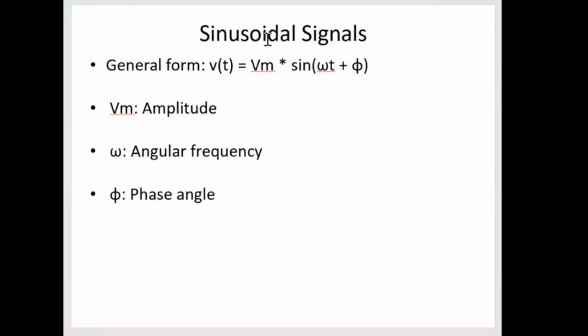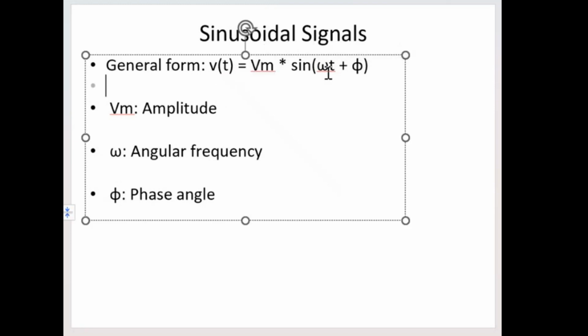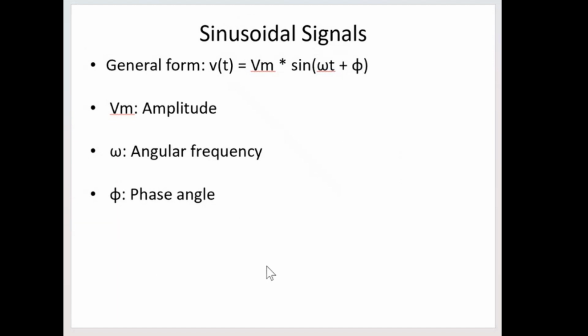So a sinusoidal signal is generally defined as having a magnitude. Obviously, it has its angular velocity, omega, and omega t we also call the argument. Phi is the phase angle. These are the main components of these sinusoidal signals.